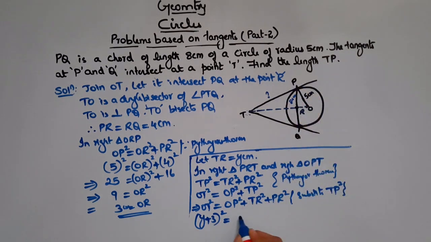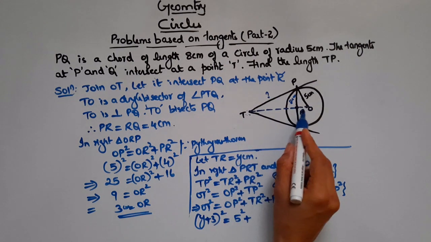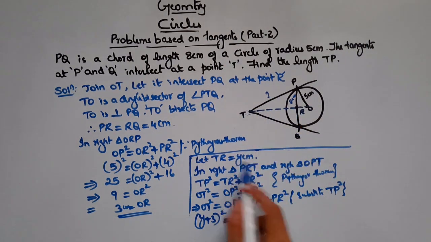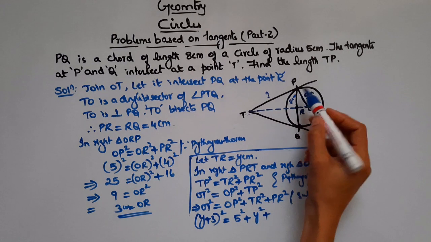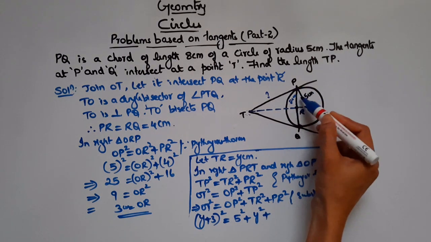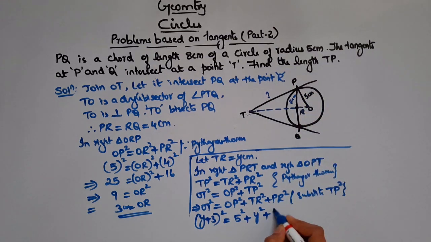We know OP is 5. So 5 square plus what is TR? We have taken TR as Y, so Y square plus PR square. We know PR is 4 centimeters, so 4 square is 16, right?